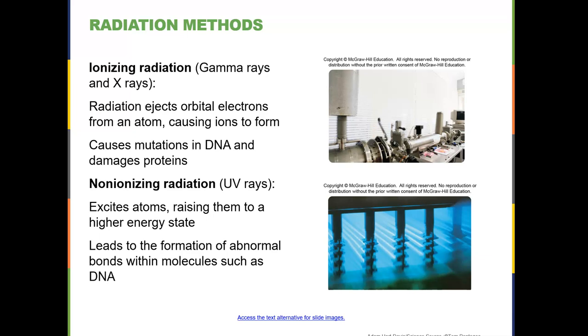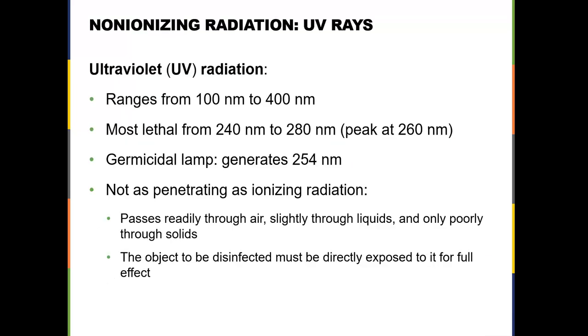Non-ionizing UV rays excite the atoms, raising them to a higher energy state, leading to the formation of abnormal bonds in the DNA. Thymine dimers. That's a test question. UV ranges from 100 to 400 nanometers. Most lethal between 240 and 280 with a peak at 260. A germicidal lamp generates 254 nanometers.